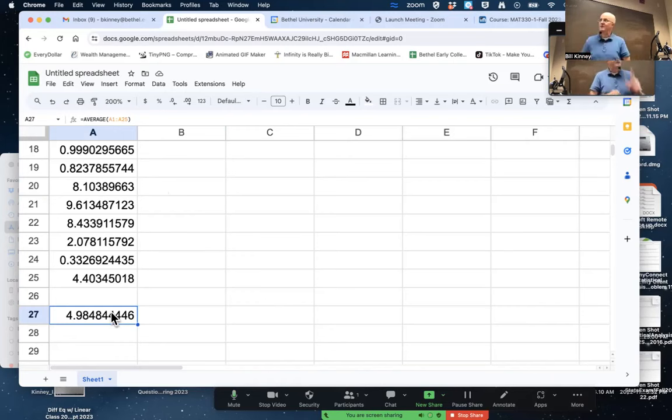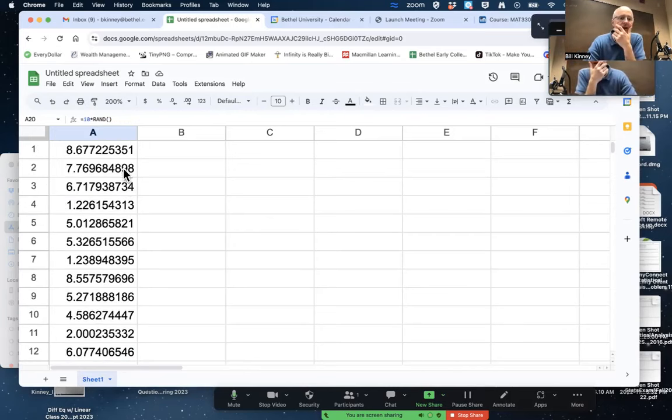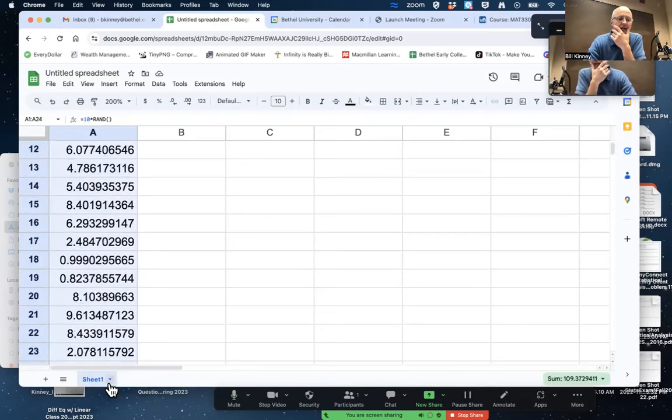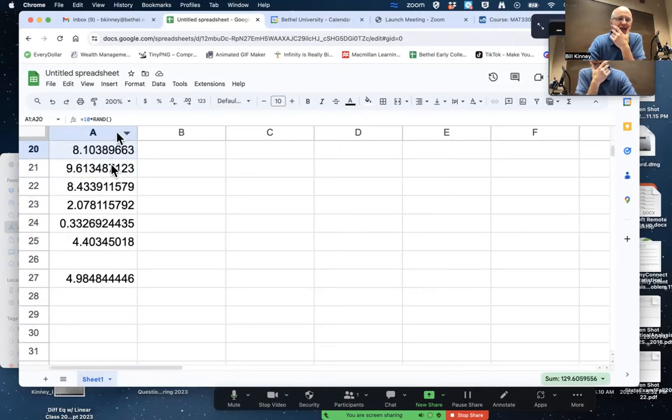But that's just one observed value of x bar. If I want a feel for what the sampling distribution of capital X bar looks like, I should do these random samples of size 25 over and over and over again, probably hundreds of times, and get hundreds of values of x bar. Okay, I don't have the patience to do it hundreds of times, but let's go at least as far as column Z. That'll be 26 times.